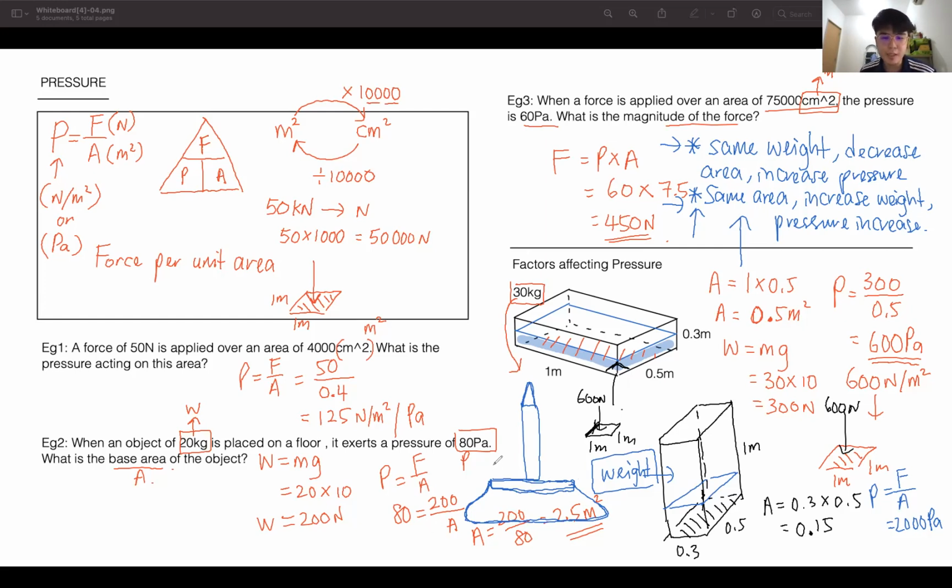Why do they do this? Because they are trying to minimize the pressure from the weight of the rocket with a larger base area. So the pressure acting on the ground will be small. You can think of it like this: the weight of the rocket is being spread over a larger area so that each unit has less force acting on it.